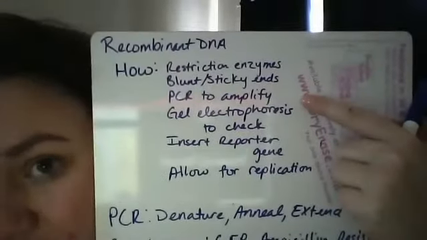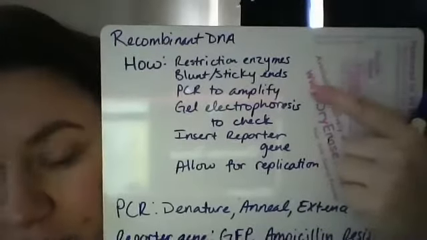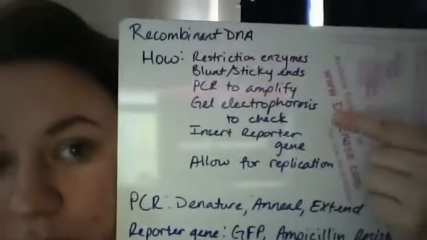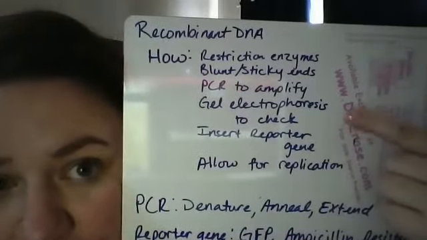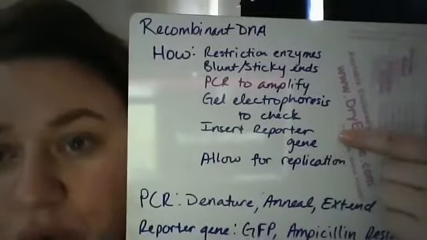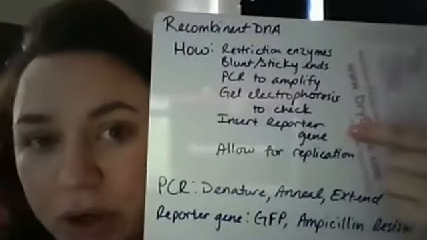You've got to then use PCR to help amplify your DNA so that you have enough to play around with. You're going to want to run a gel electrophoresis to check that your cuts were made. You're going to want to insert a reporter gene. Your reporter genes are what we call selectable markers.